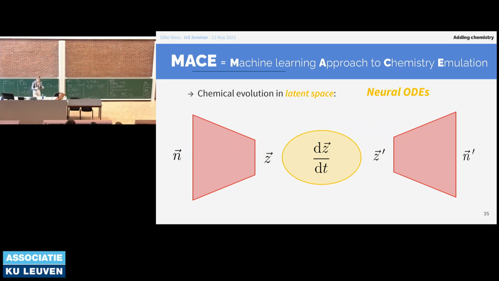That's why we think autoencoding might work, because people in the past have also tried to reduce chemical networks just by leaving out the species that don't really matter. But of course you're leaving out some important information, so that's why we try this approach. We will try it with the autoencoder, but if it doesn't work, we'll just push the whole thing through. As long as it's quick and it works, we're happy.